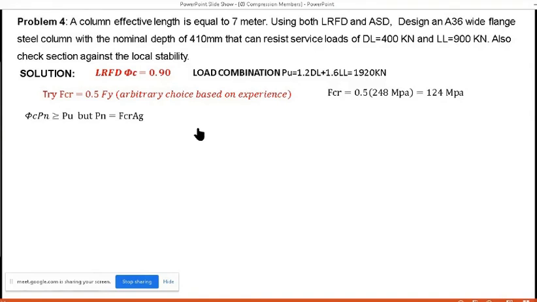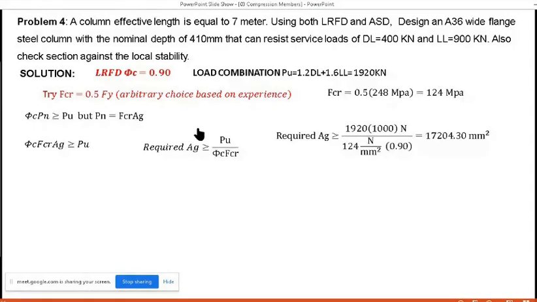Okay, the same. Yung ating design strength is equal to our factored times yung nominal strength natin. This should be greater than or equal to our ultimate load, yung PU natin. Okay, so we need to solve our required AG that is equal to this value.